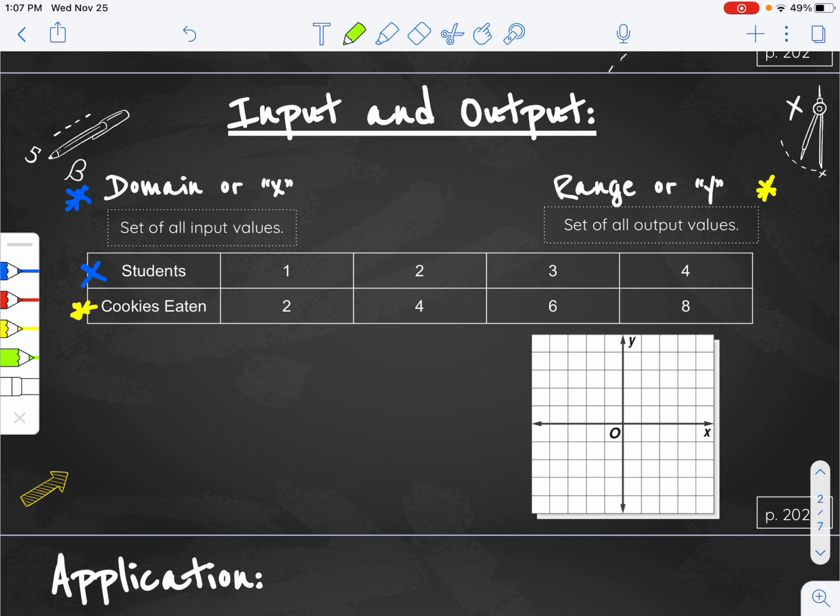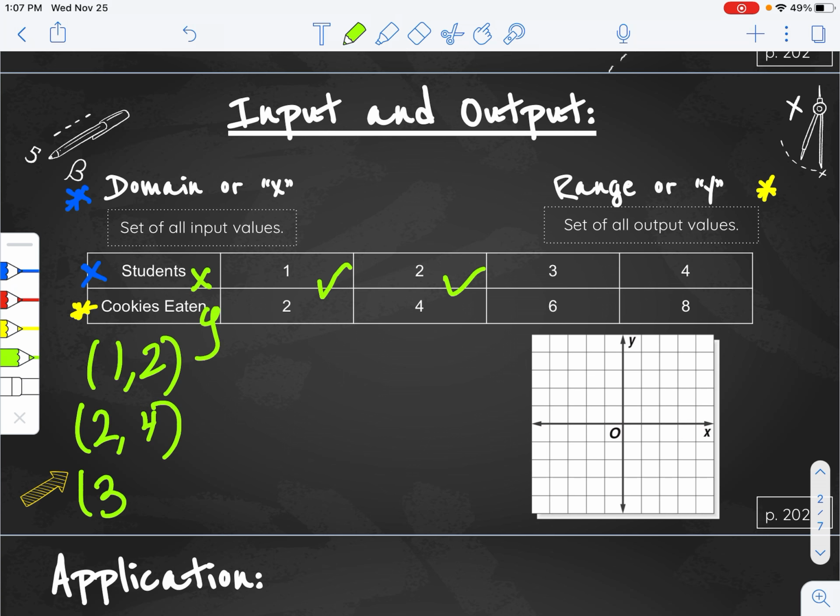Now, you are familiar with how to graph and what x, y points look like. If the domain is our x and the range is our y, we can make some coordinate points. We have our first one, 1, 2. We have 2, 4, 3, 6, and 4, 8.